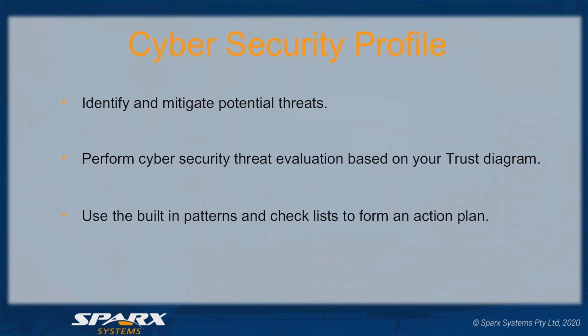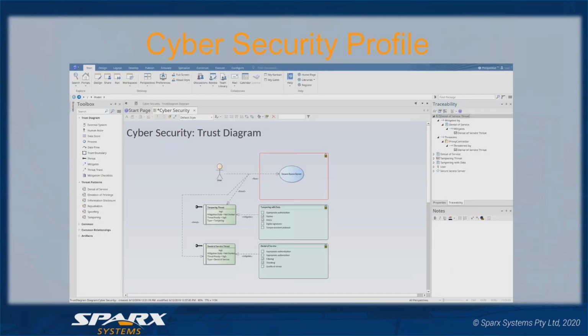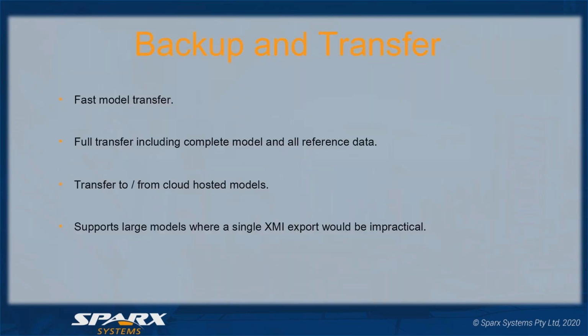So this allows you to identify and mitigate potential threats, allows you to perform cybersecurity threat evaluation based on your trust diagram, and allows you to use built-in patterns and checklists to form an action plan with respect to cybersecurity. So Enterprise Architect 15.1 provides this new cybersecurity capability.